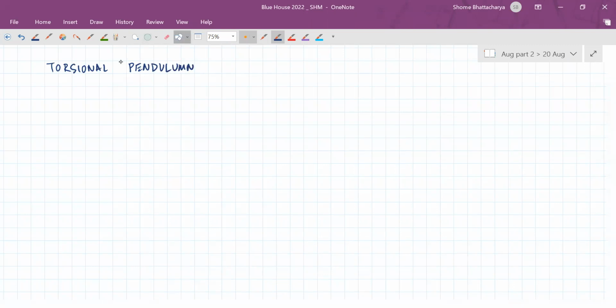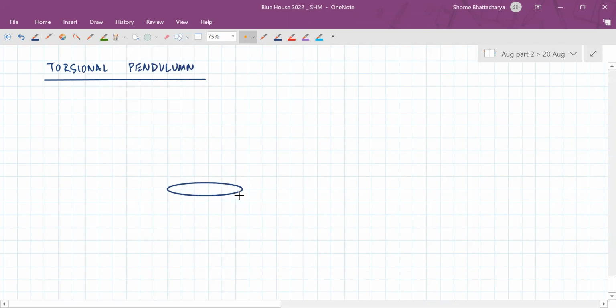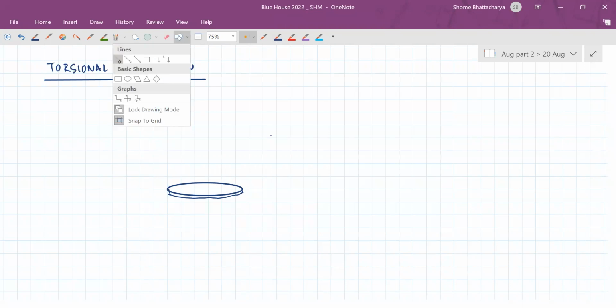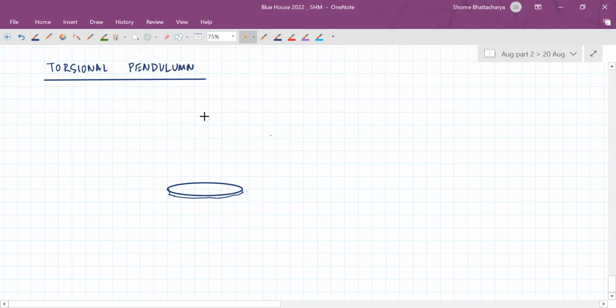So a torsional pendulum, basically any rigid body, can be like a disc even, which is suspended using what is called a torsional wire. So torsional wire is a sort of a massless thin wire, but it has the property that when it is twisted, it applies a restorative torque.